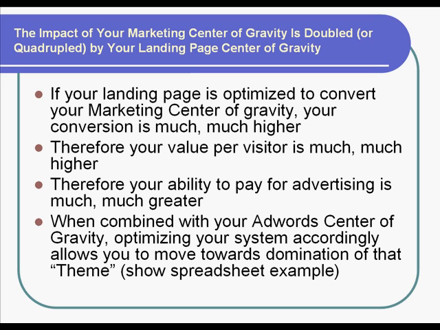So the next piece to understand is that the impact of your marketing center of gravity is at least doubled or sometimes quadrupled by the landing page center of gravity.